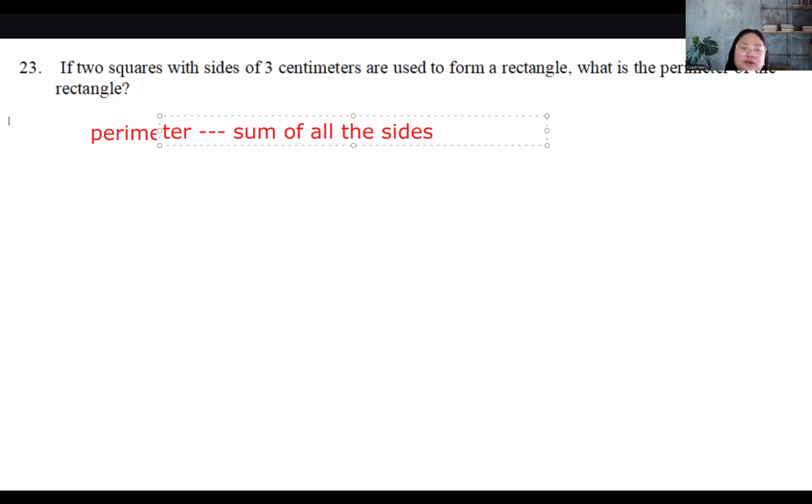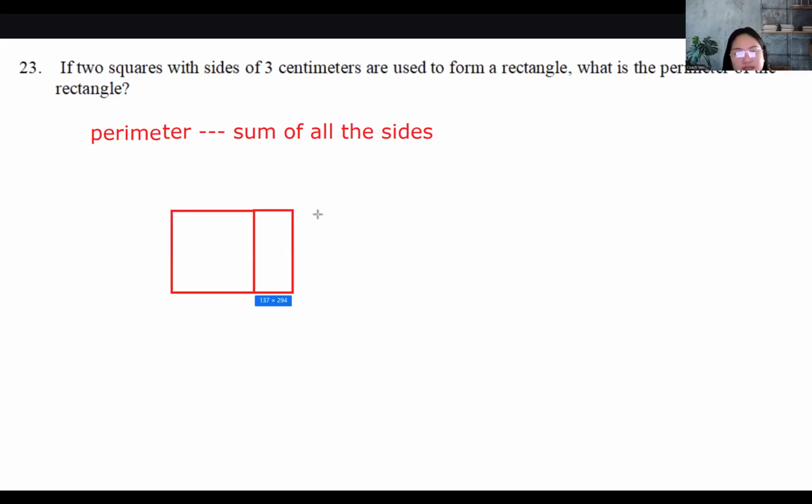Okay? So, this one, you have two squares like this, and each of the squares has 3 centimeter sides. So that means this is 3, this is 3, 3, 3, 3, 3, and 3. But you have to remember the rectangle now is a four-sided polygon, and this one here is not a side again because it is inside the polygon.